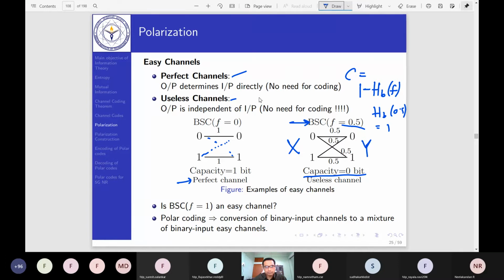Polar code is a way of converting any arbitrary binary input channels to a mixture of binary input easy channels. Some of the channels will be made perfect channels and the remaining will be made useless channels. So we'll start with uneasy channels, that means channels with capacity value between 0 and 1.